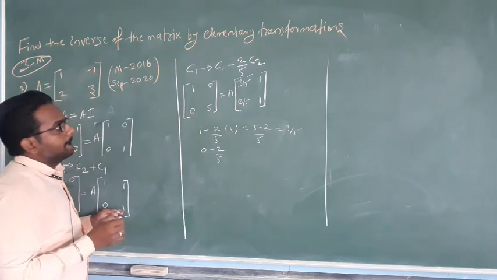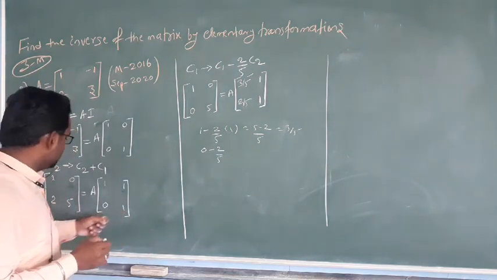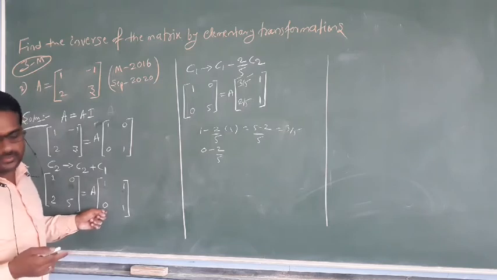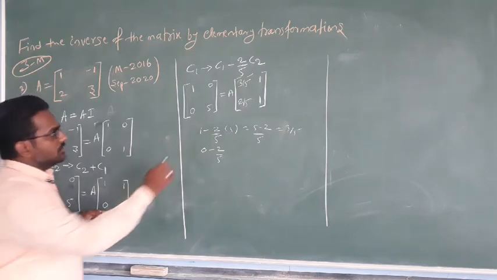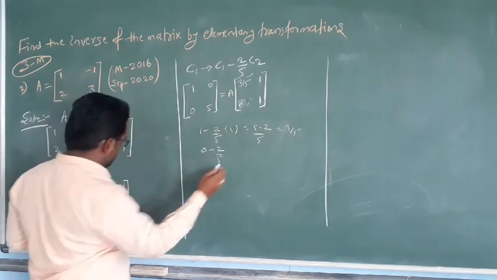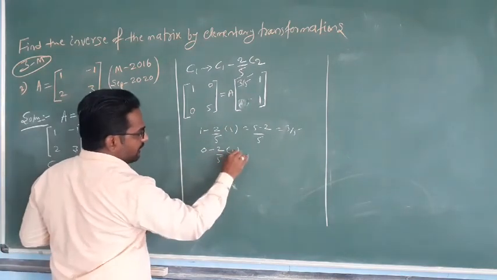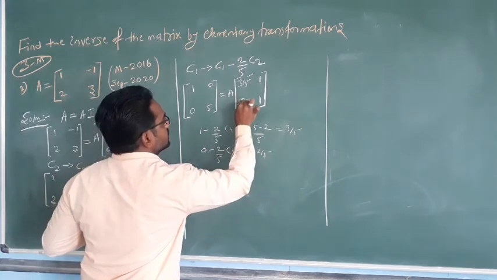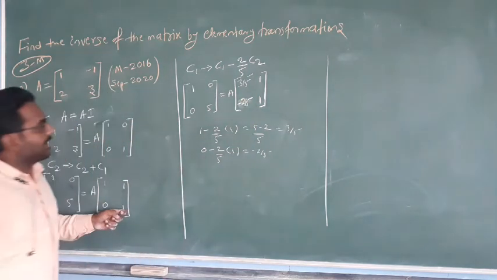Okay, once again, the C1 value is 0. 0 minus 2 by 5 into the C2 value. What is the C2 value? That is 1. So minus 2 by 5.